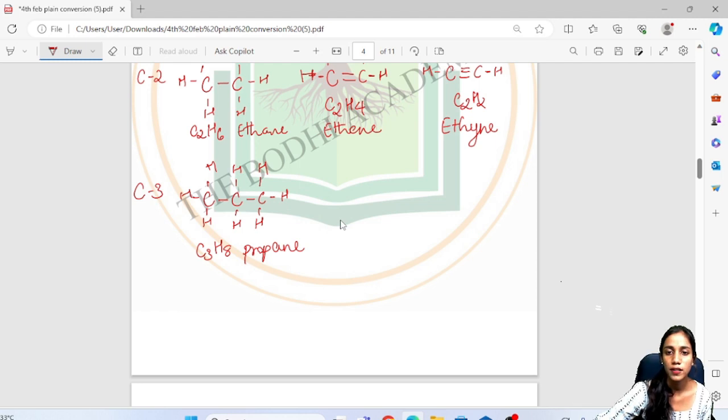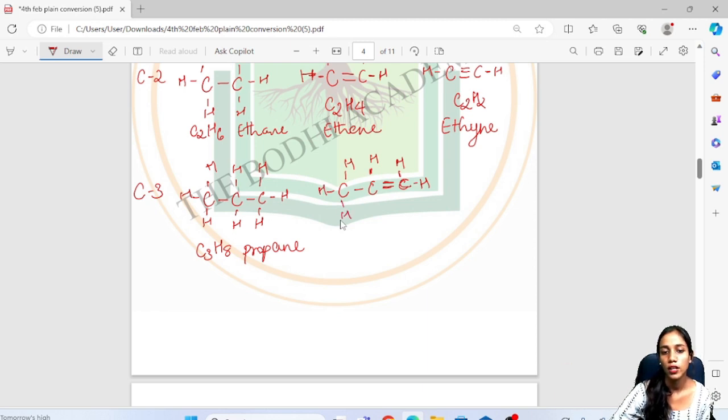Okay, now we will see when there is a double bond between the 2 carbons. So how will the valency be satisfied? C already has 2 bonds here, so you need to add 2 hydrogens. For this carbon there is 1, 2, 3, so just add 1 hydrogen, and for this one 1, 2, 3 and 4.